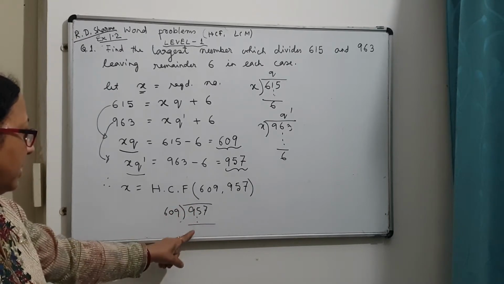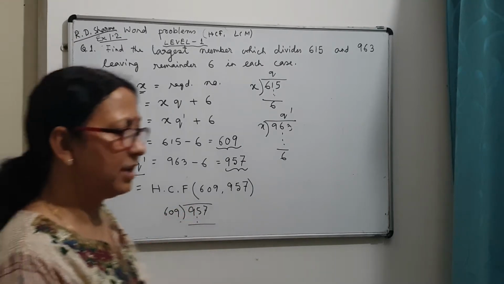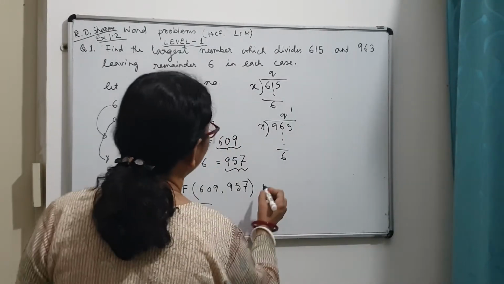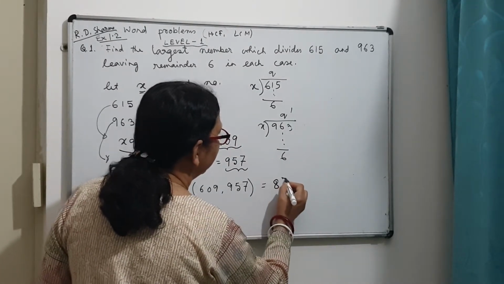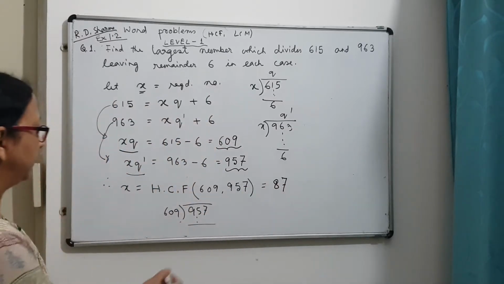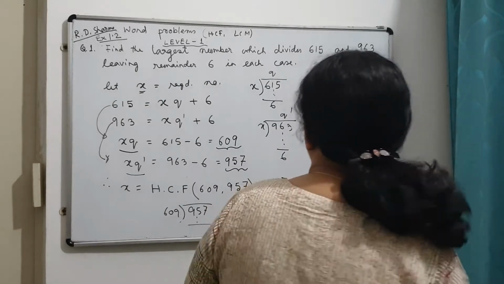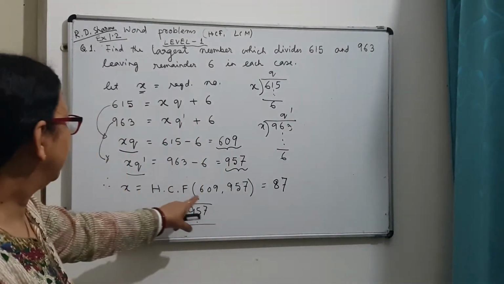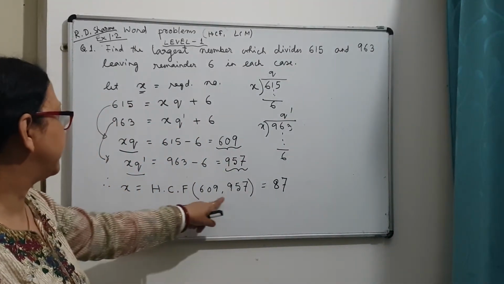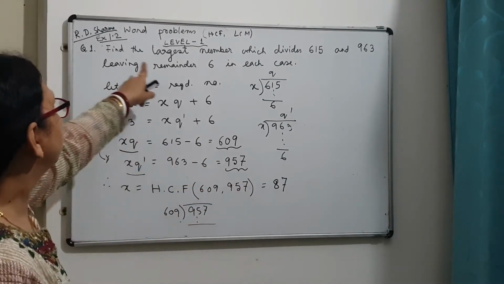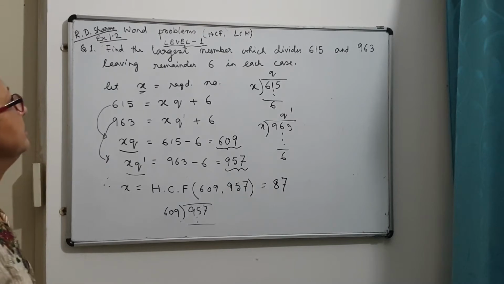So in this way we find the HCF, and the answer should be 87. You will do it yourself and get the answer 87. This is again your homework, to find the HCF of these two, and that should be 87. So this is the first word problem.